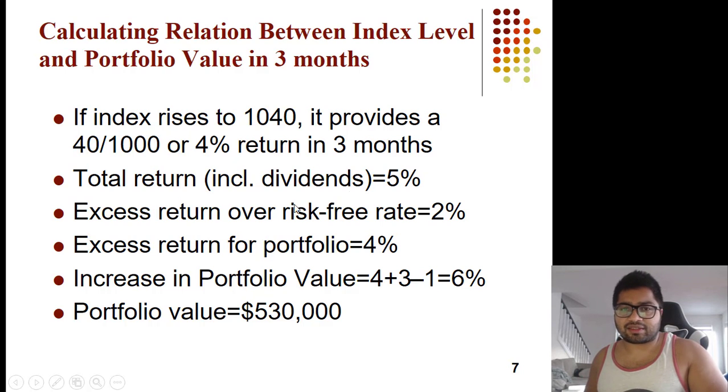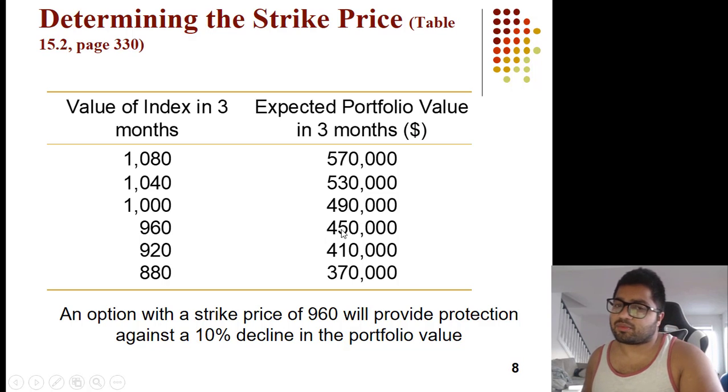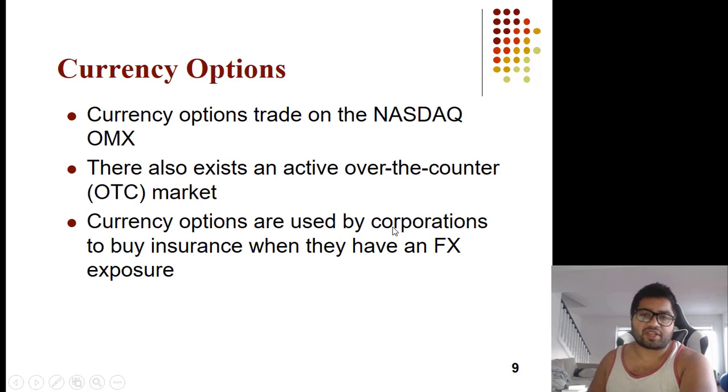If the index rises, the return on the portfolio is given by the risk-free rate plus beta times the market return minus the risk-free rate. These things are given, so you can calculate the portfolio value. It will look something like this. You have to choose a strike price that corresponds to 450 or close to that. So 960 is the strike price that will protect against the portfolio falling below 450.